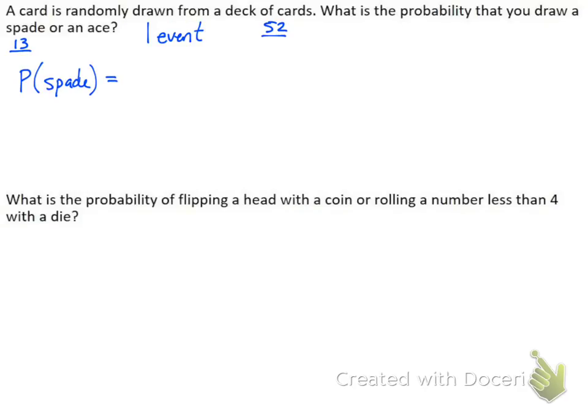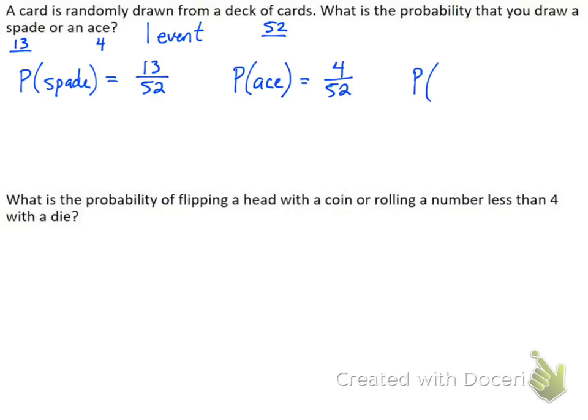So the probability of choosing a spade, again, there are 13 spades over 52 cards. Probability of drawing an ace. There are 4 aces, so those are like ones or 11s. So you've got 4 over top of the entire deck, which is 52.